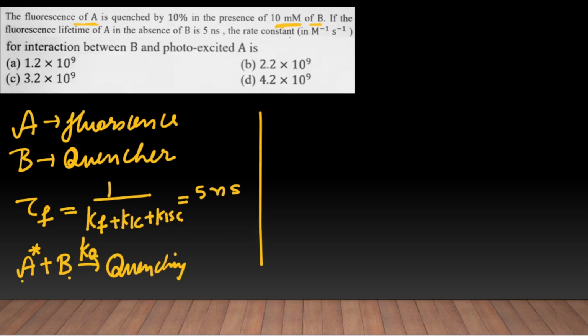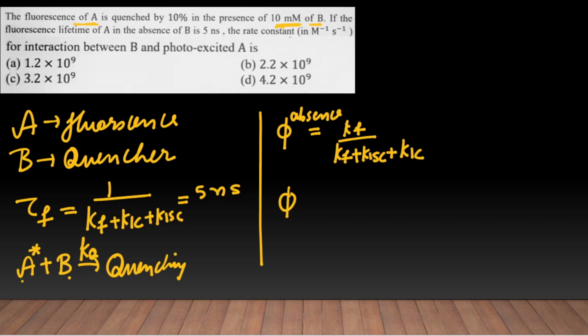Now if I write the quantum yield in the absence of the quencher, it is Kf upon Kf plus KISC plus KIC. This is the quantum yield of fluorescence in the absence of the quencher.